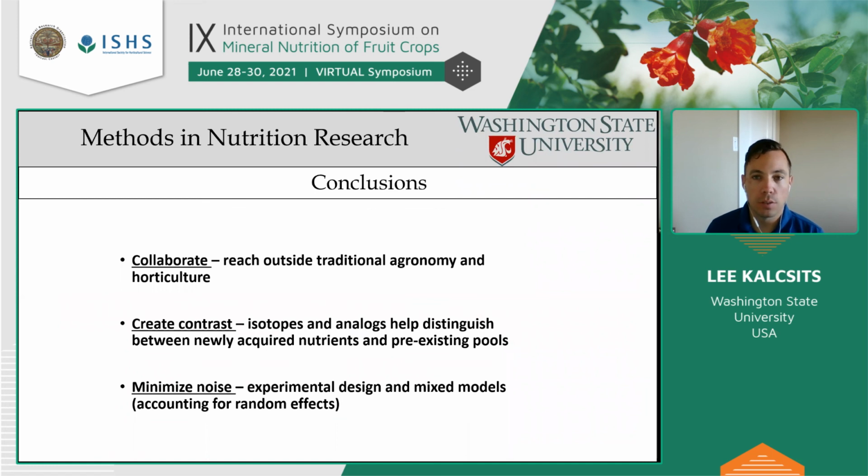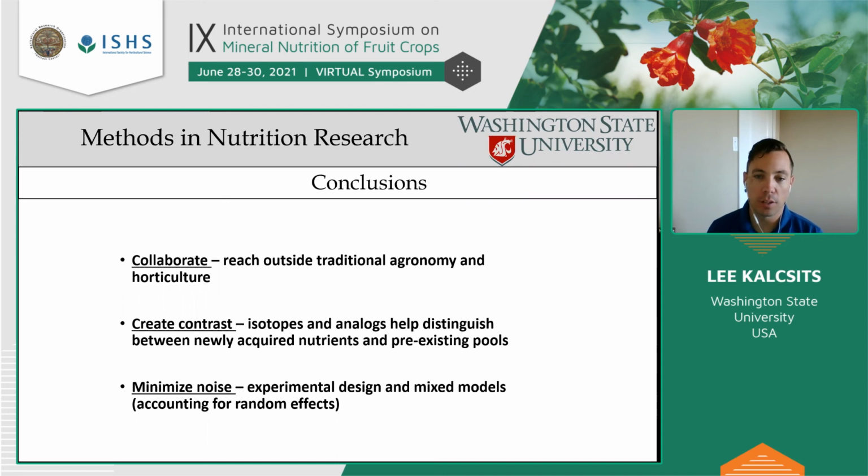So just to wrap it up, it's important to collaborate, reach outside traditional agronomy and horticulture, and access these government user facilities. They're always looking for new applications for their tools, and they want to be as broad reaching as possible.